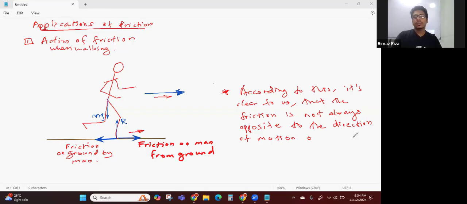So according to this, it's very clear to us that the friction is not always opposite to the direction of motion of the object.